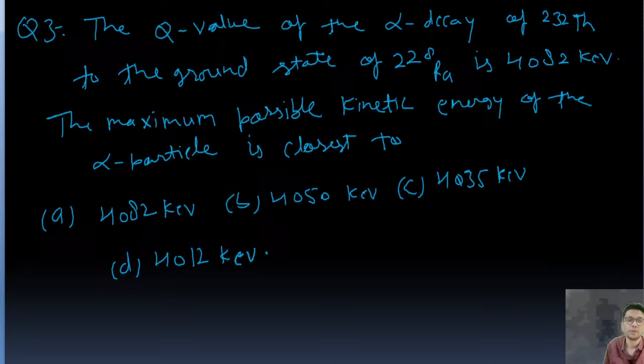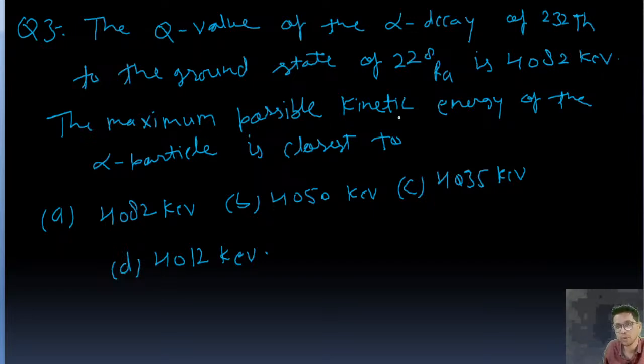I'm going to explain the question first. The Q value of the alpha decay of 232 thorium to the ground state of 228 radium is 4082 kilo electron volt.